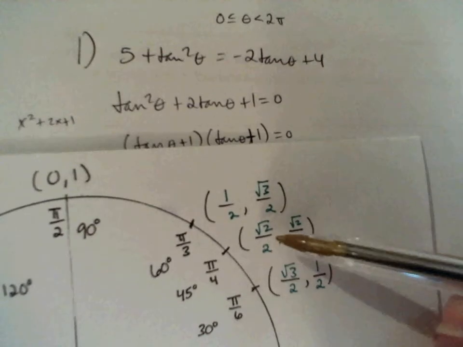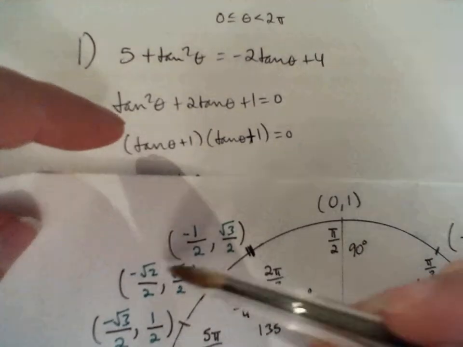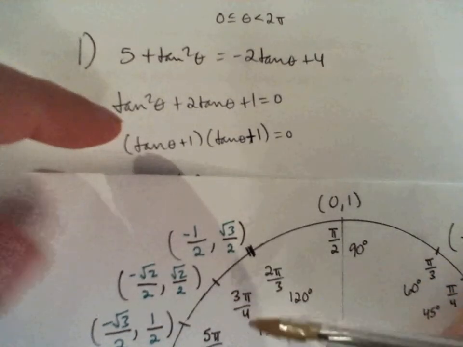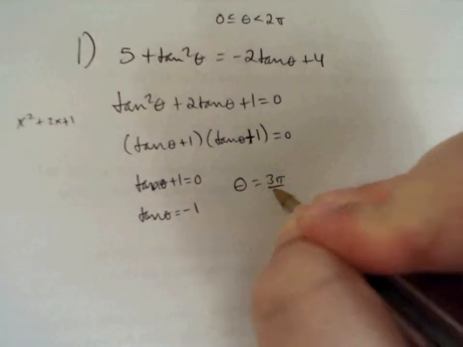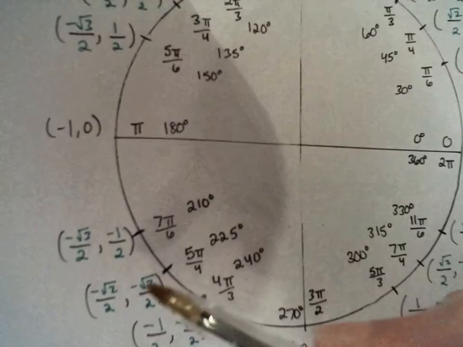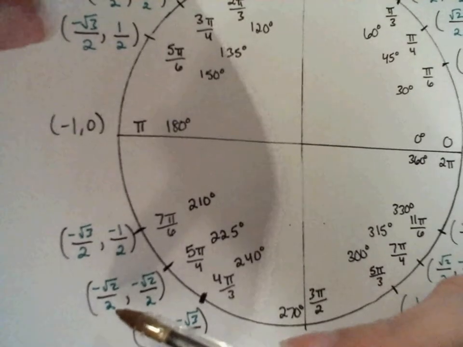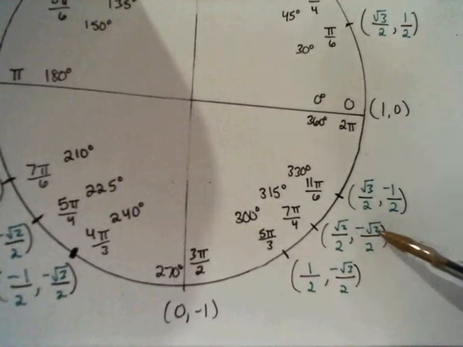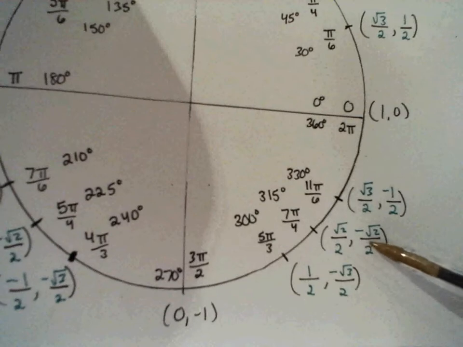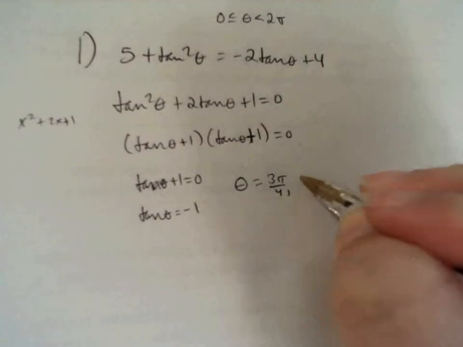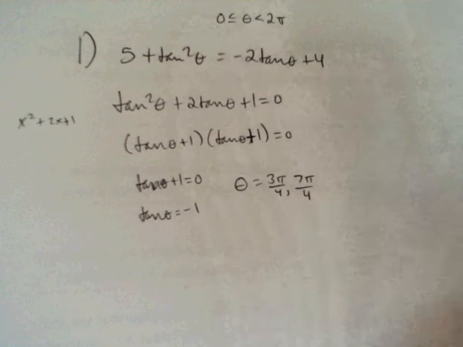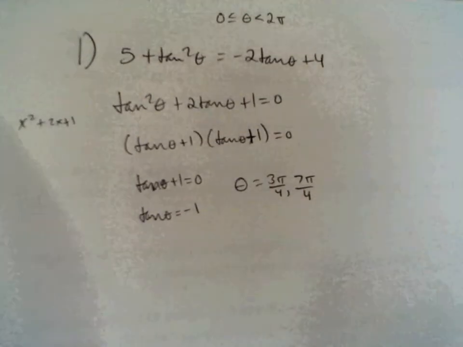So I'm thinking right here, one of my answers is going to be 3 pi over 4. And this one right here, they're both negative, so that would simplify out to a positive 1, whereas this one over here, at 7 pi over 4, negative square root of 2 over 2 divided by positive square root of 2 over 2 is also -1. So 3 pi over 4 and 7 pi over 4, and that's it. I don't have to do it twice because it's the same answer, so there we go.